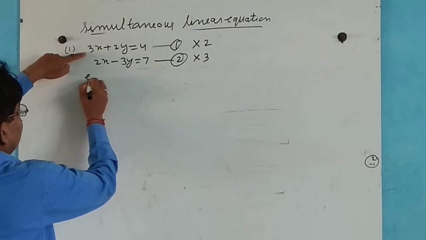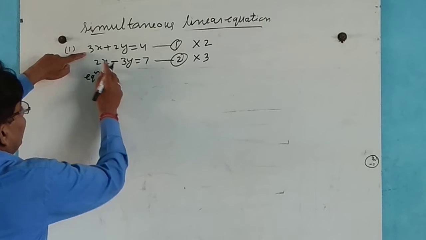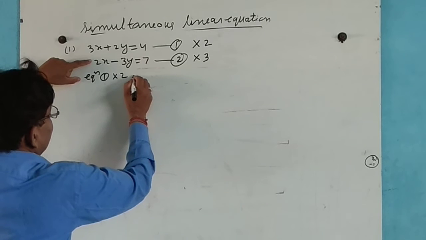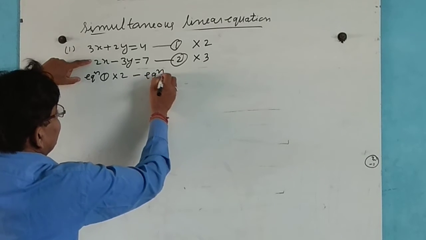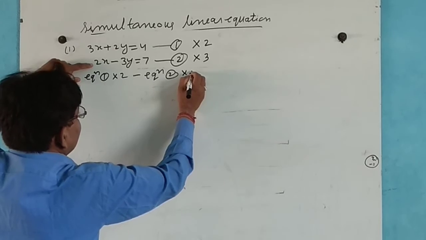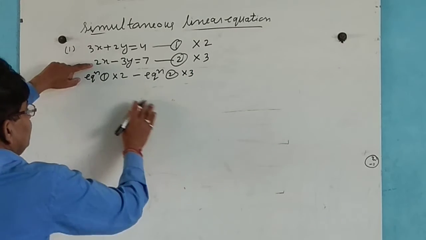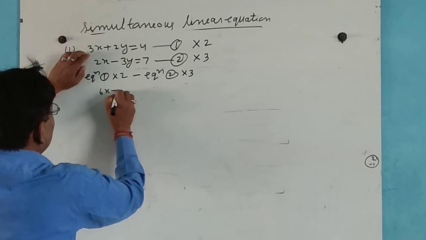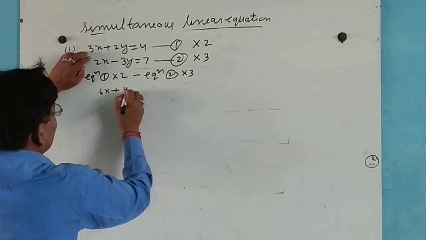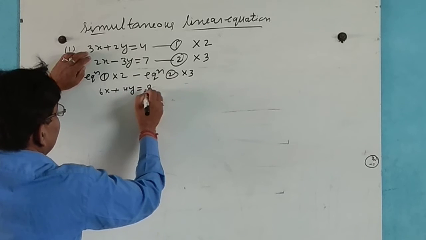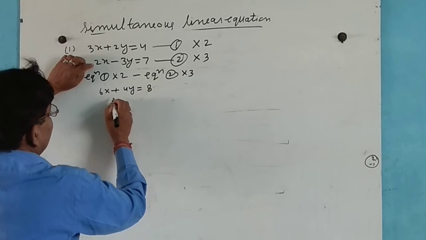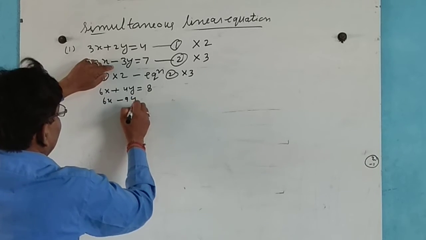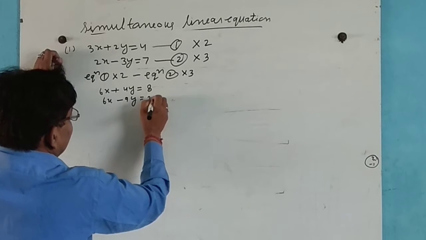Equation 1 multiplied by 2 gives 6x plus 4y equal to 8. Equation 2 multiplied by 3 gives 6x minus 9y equal to 21.